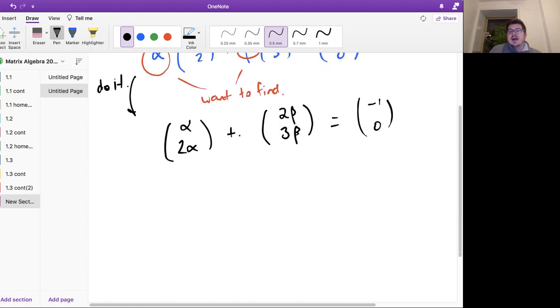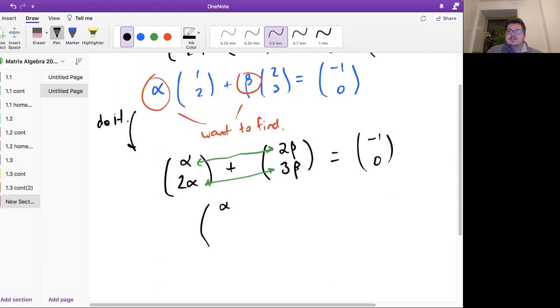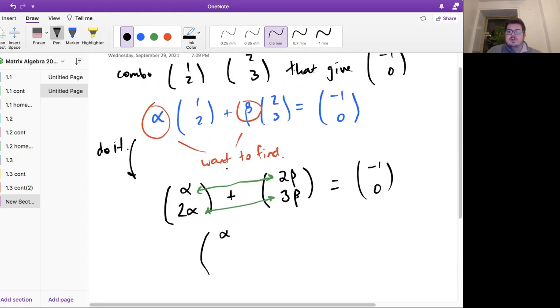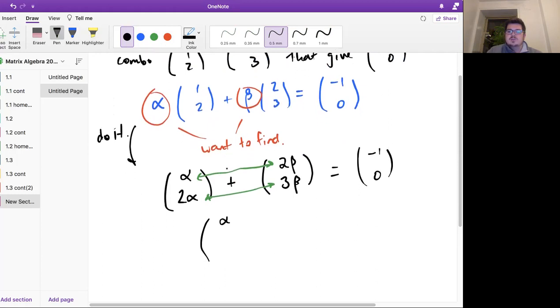Okay, so now how do you add these two vectors? Remember, we add vectors or matrices coordinate-wise. So you take the coordinates and add them together. So if I add these two together, I get... did I make a mistake?